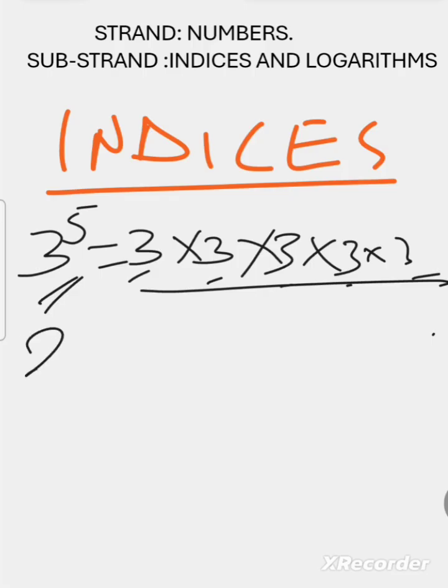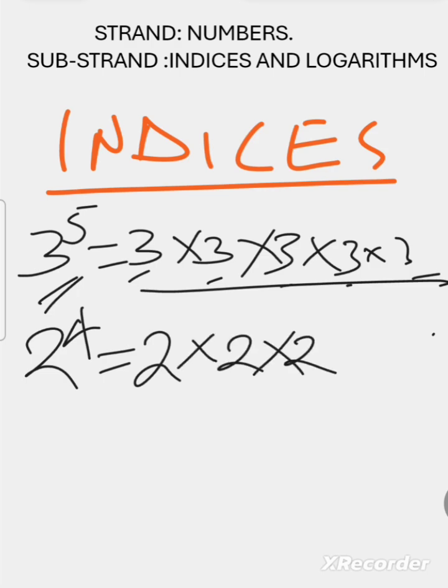So if you are given 2 power 4, this means it is 2 times 2 times 2 times 2, 4 times. So 1 2 3 4. So if you are given a number raised to a certain number, then it means that the number below there, we multiply that number the number of times the power dictates. So we refer to 5 and 4 as a power.